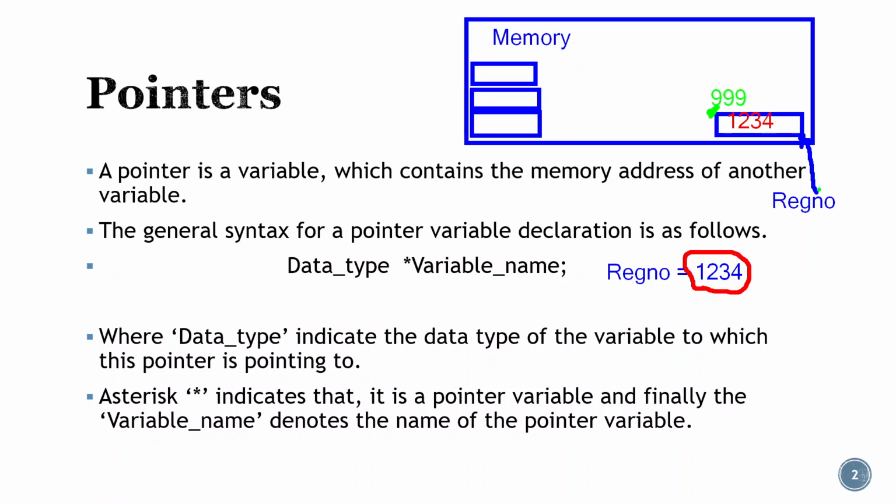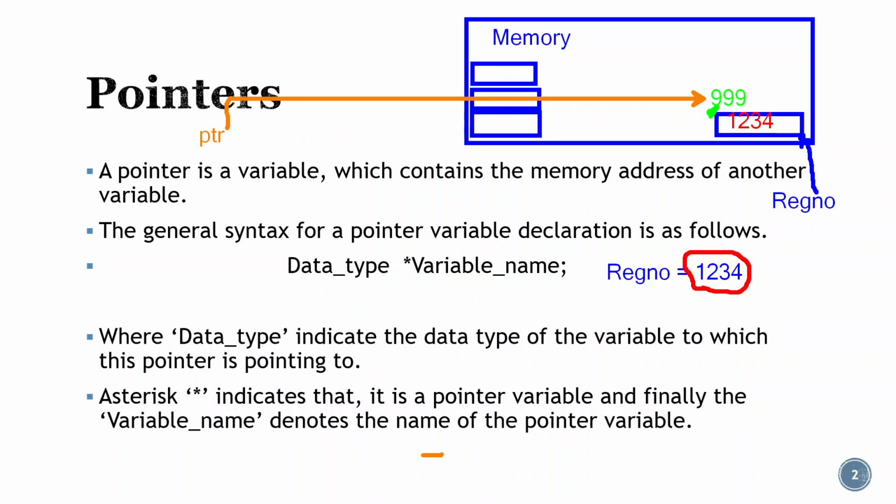Now this register number can hold a value, but now I have a special variable, let me just say PTR, which holds the address. What PTR is doing is holding the address, not the value.